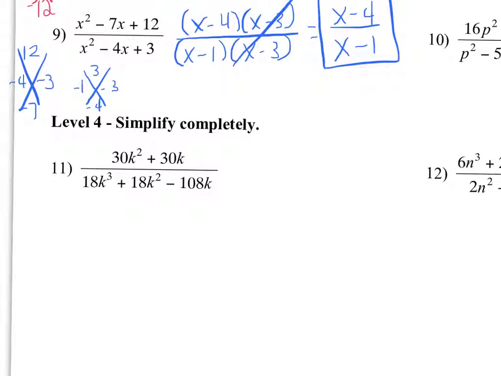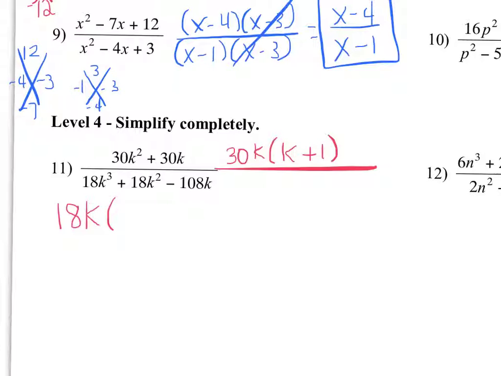On number 11, you'd want to pull out a 30k, which would leave us with k plus 1 in parentheses. On the bottom, you want to pull out an 18k, which would leave us with k squared plus k minus 6.